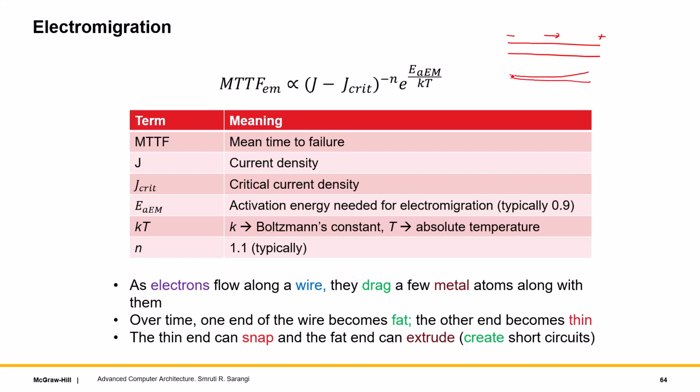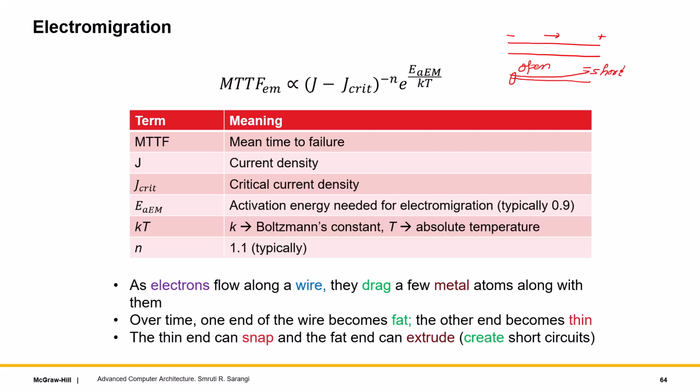This part over here will become very thin. Of course, the resistance will increase, but then it can snap, and the fat end can then also connect with other wires. So you'll have an open circuit here, and you'll have a short circuit here.